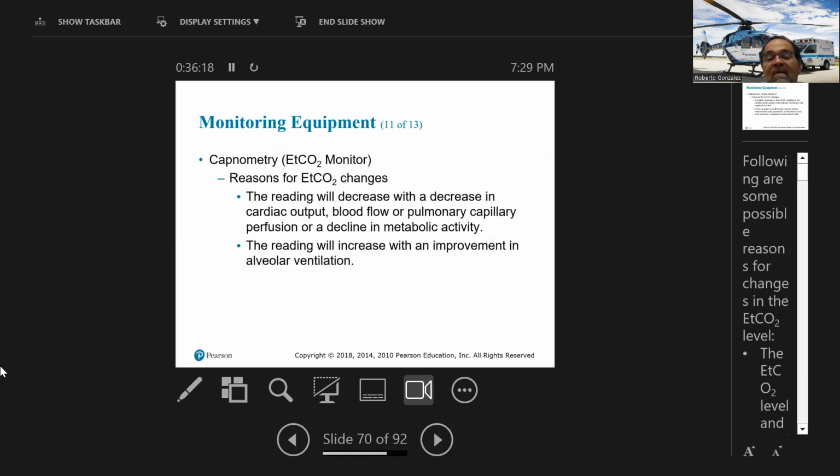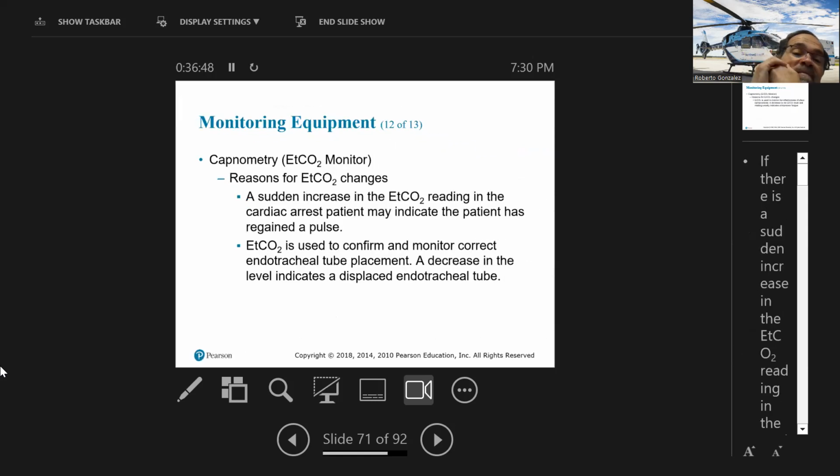The reading will decrease with a decrease in cardiac output, blood flow or pulmonary perfusion, and decline in metabolic activity. The reading will actually increase with an improvement in alveolar ventilation.